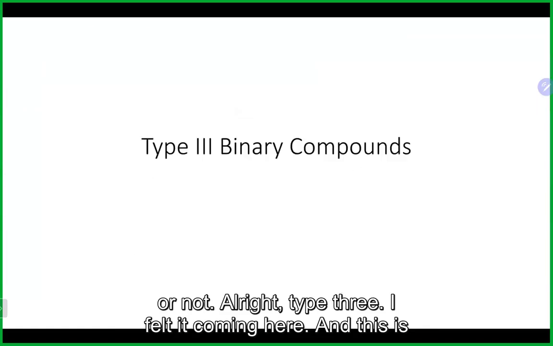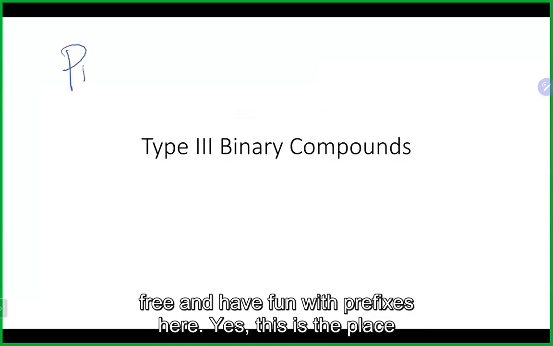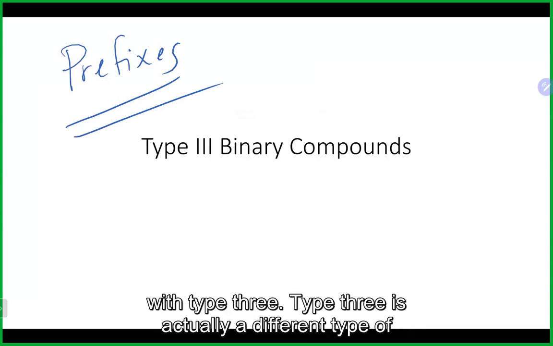All right, type 3, I felt it coming here. And this is the place, the time that you've been waiting for. You should go free and have fun with prefixes here. Yes, this is the place that you should use prefixes. So prefixes are actually used here with type 3. Type 3 is a different type of compound.